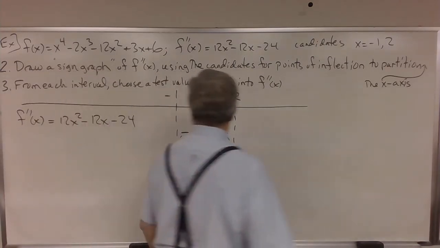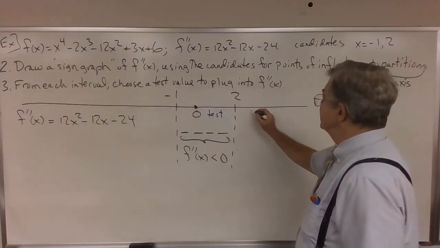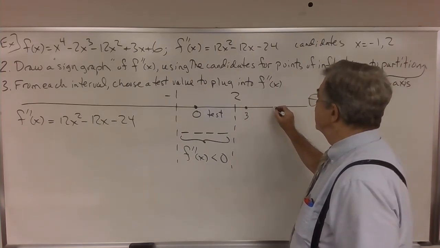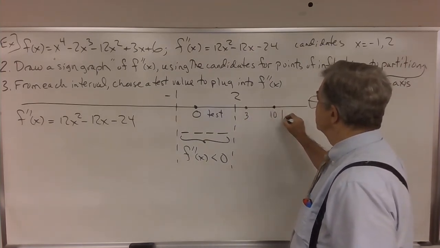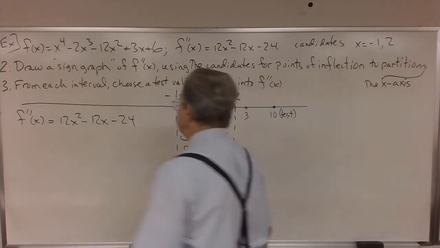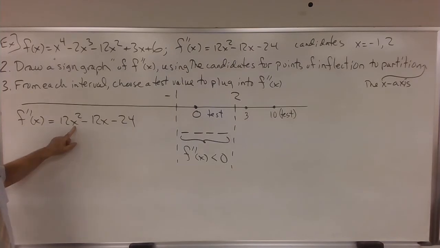Now I'll pick a test point over here. 3 is a good test point. You know what? 10's a good one too. I'll plug 10 in for x. I get 1200 minus 120 is 1080.